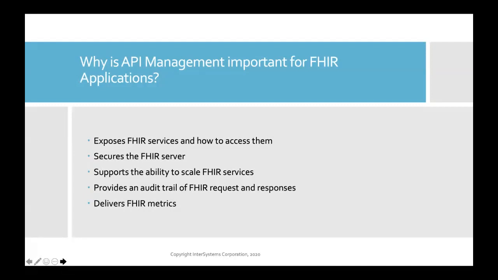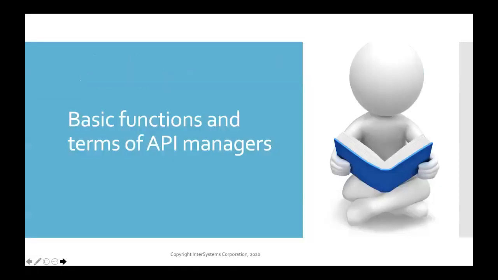But there are many things that we have to do at an operational level. We have to be able to secure the FHIR server. We have to support the ability to scale it. From a HIPAA standpoint, we have to provide an audit trail of our requests and responses. And operationally, we need to understand what our FHIR server is doing in terms of performance and other metrics. So that's what API managers do.